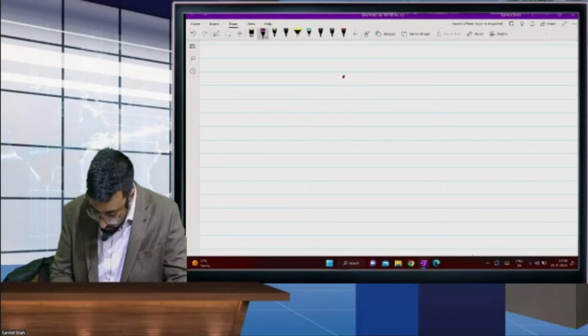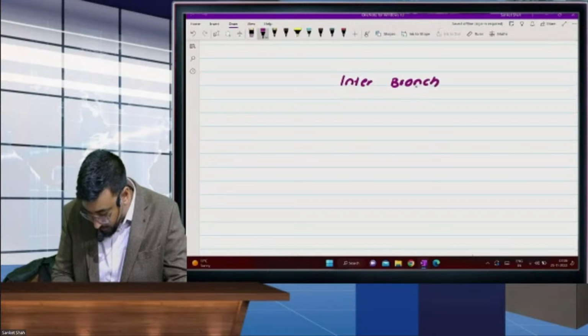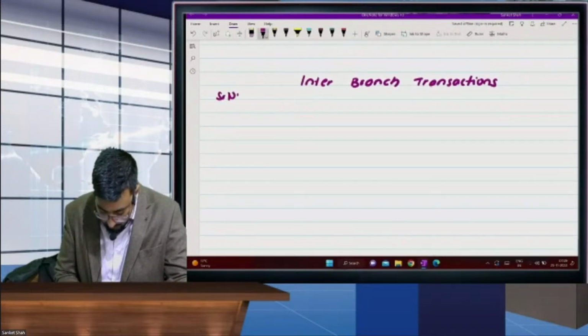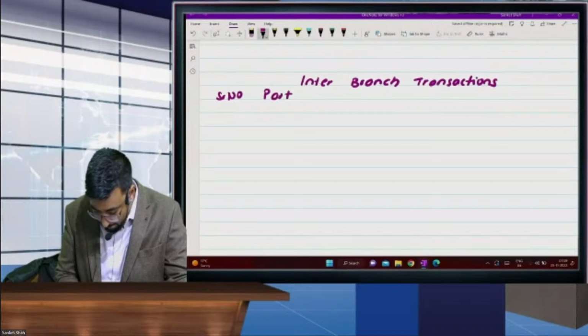Write down inter-branch transactions. Serial number. Particulars.